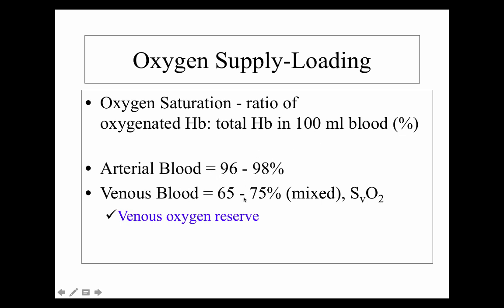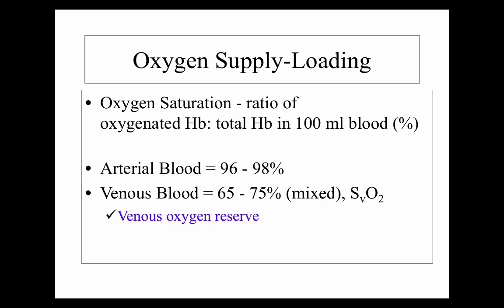For venous blood, 65 to 75% is a normal mixed venous oxygen saturation. So right away you can see that we only unload about 25% of the total amount of oxygen content in the blood, and the rest of that oxygen is there in reserve. It provides a mechanism for compensation should we need that.